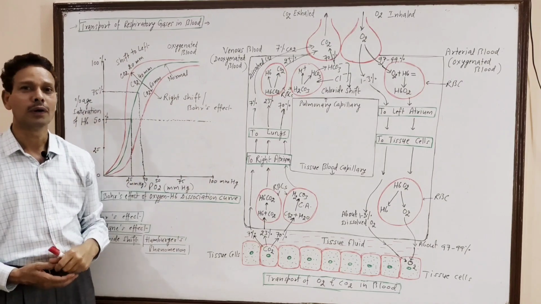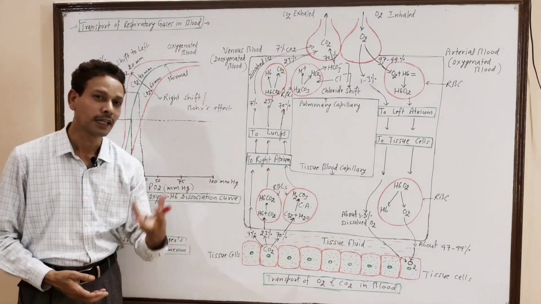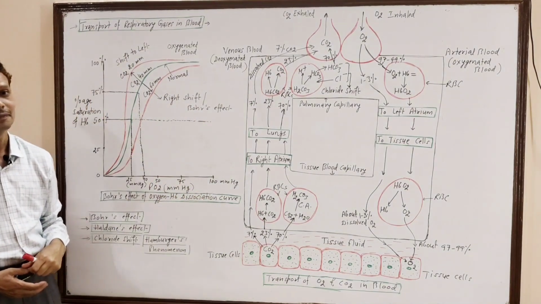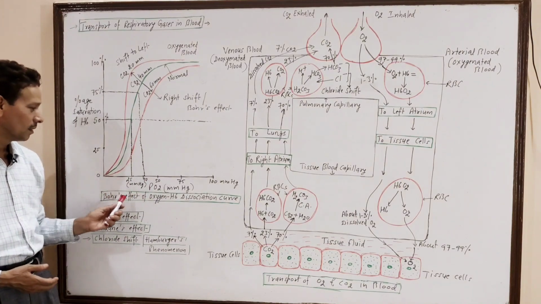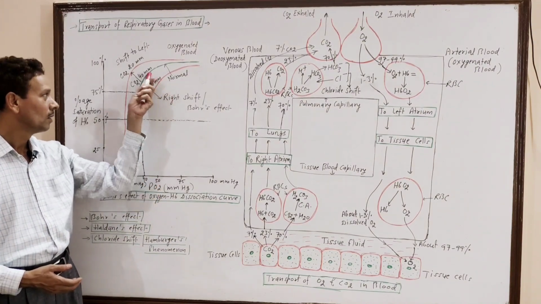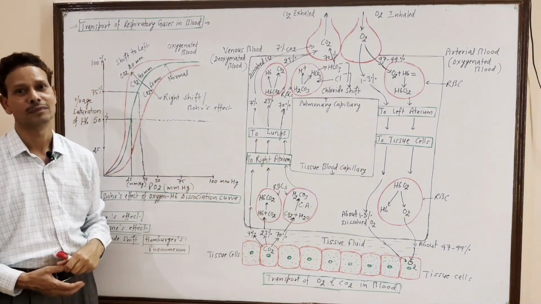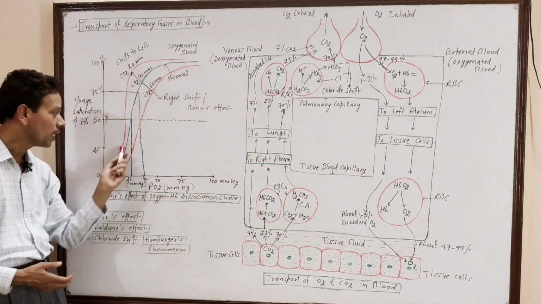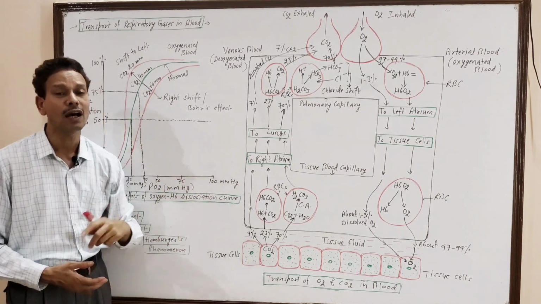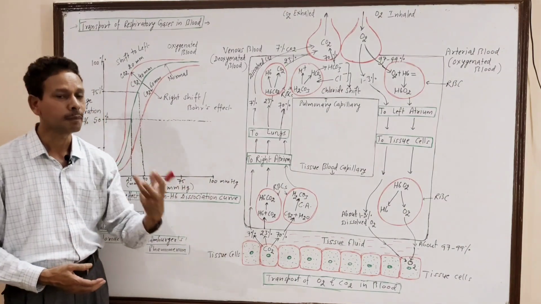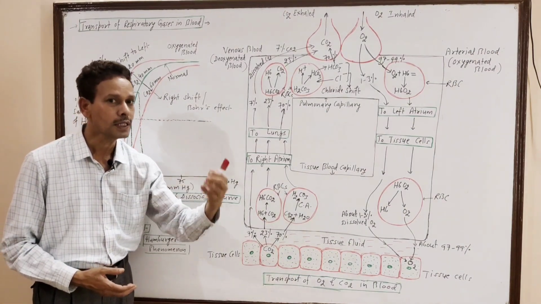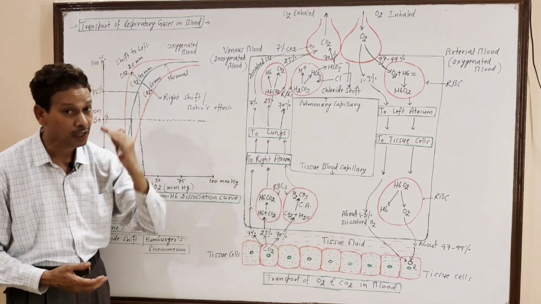This diagram shows another important graph, which is the oxygen hemoglobin dissociation curve. This S-shaped, this sigmoid graph, represents the oxygen hemoglobin dissociation curve.